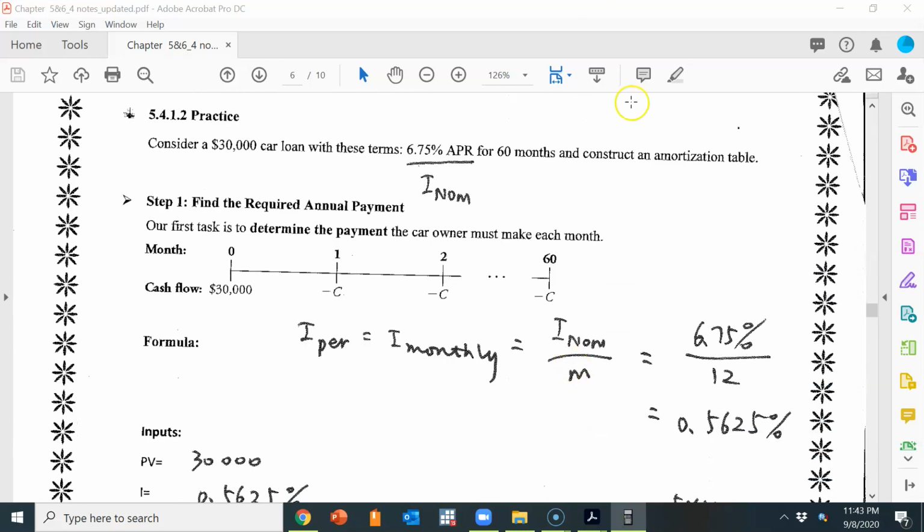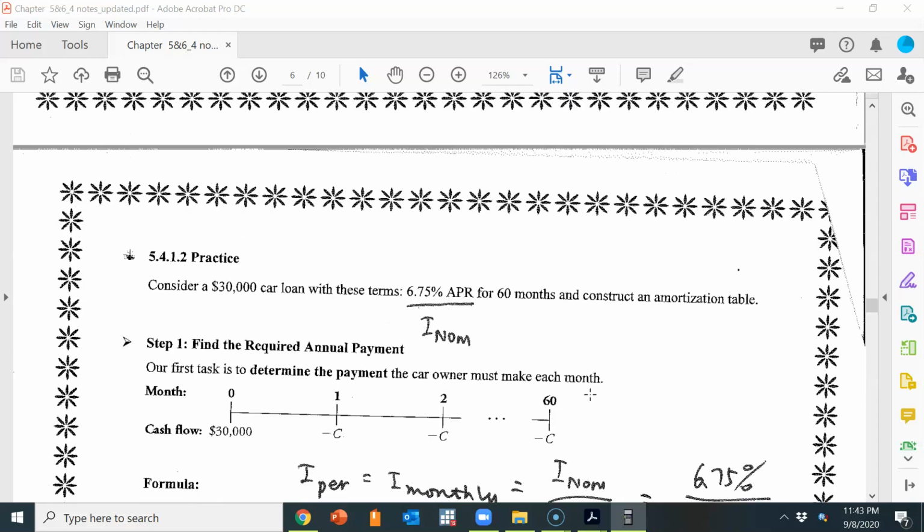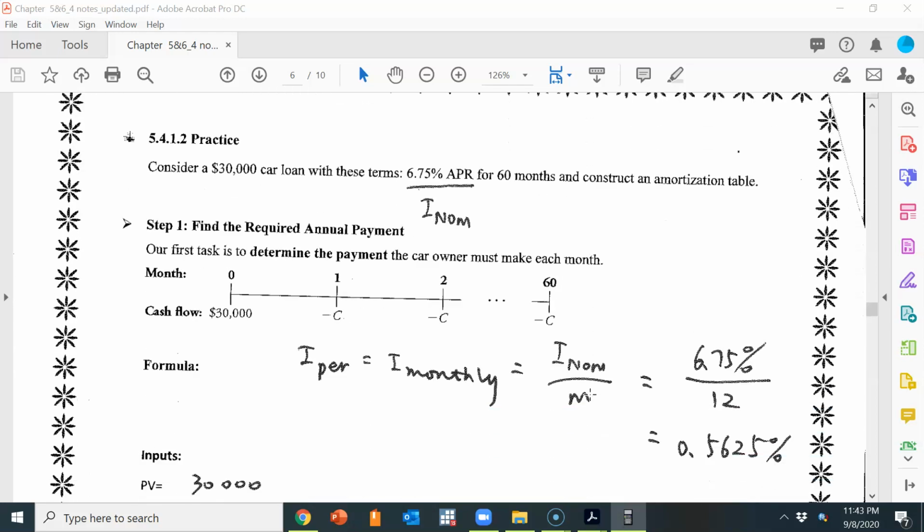Okay, let's look at another example here. Practice. Consider we have a 30,000 car loan with these terms: 6.75% APR for 16 months. Do you still remember what APR is?